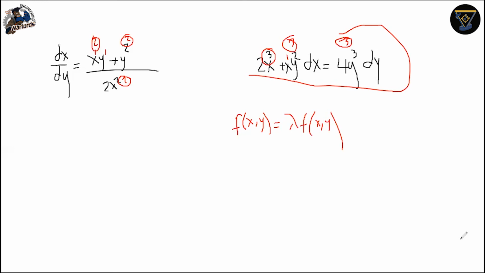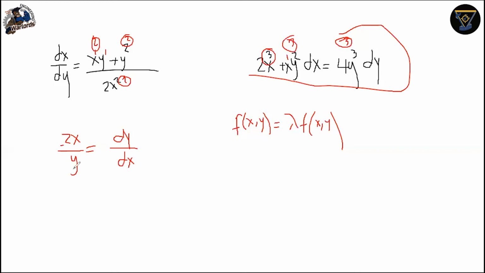How do you know it's variable separable? Variable separable is if you can put all the x's on one side and all the y's on the other side. So for example, suppose you had a question like 2x over y is equal to dy over dx. Is it possible for us to put all the x's on one side and all the y's on the other?